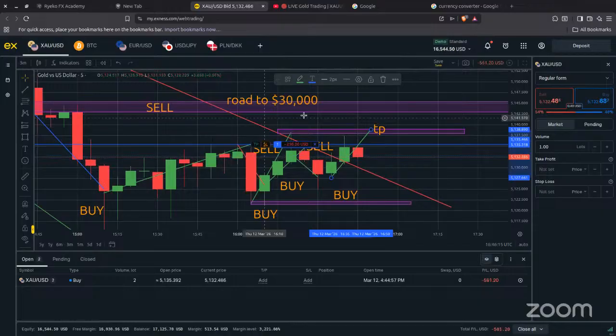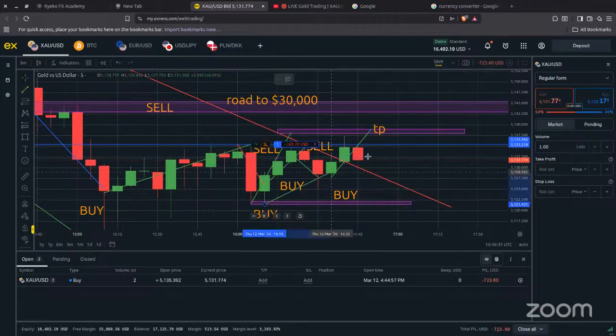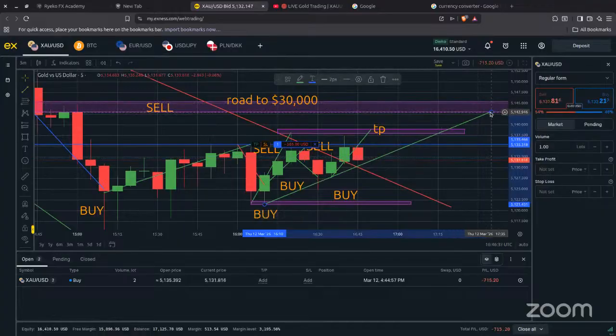When you see a candle closing above the previous one, this is higher high, higher low, higher high, higher low. So it's now going to be an uptrend. And we can predict like that up to there.